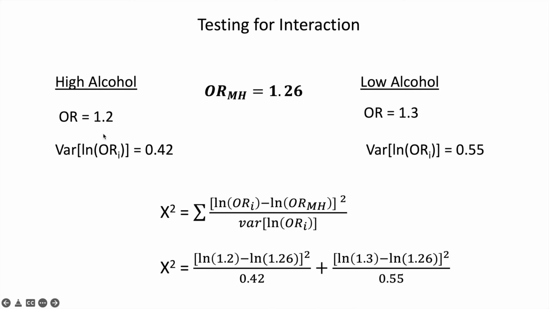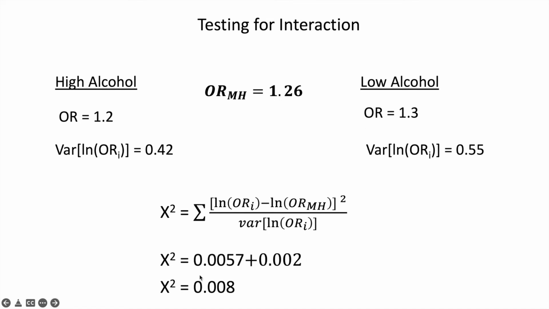So the ln odds ratio in the high alcohol strata is 1.2, and then the Mantel-Haenszel odds ratio is 1.26, that's squared, and then divided by the variance of that estimated strata-specific odds ratio, so 0.42, and we do the same for the low alcohol strata, and we get a chi-squared statistic of 0.008.